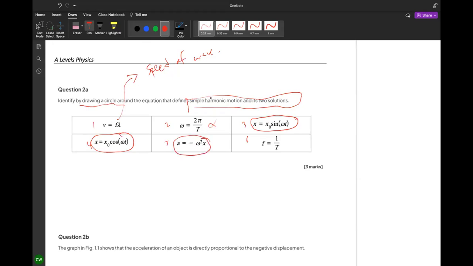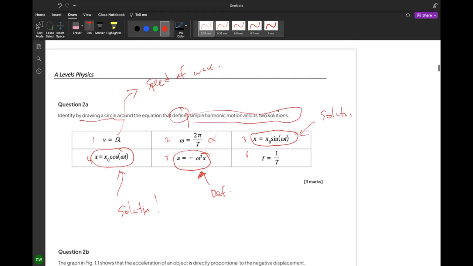The definition of simple harmonic motion is this one. This is a definition. And these two are called solutions. So there are two types of solution, either sine graph or cos graph.